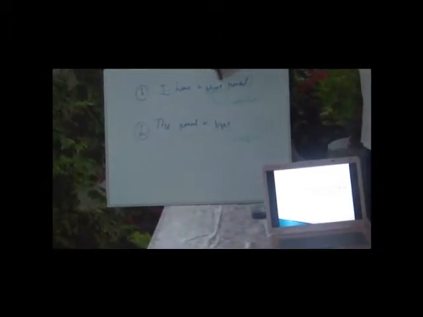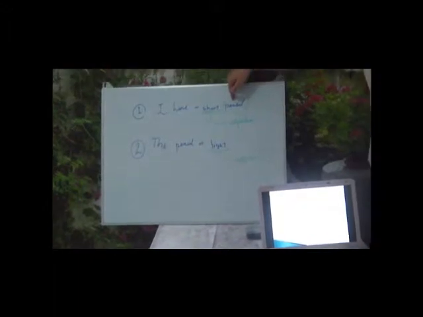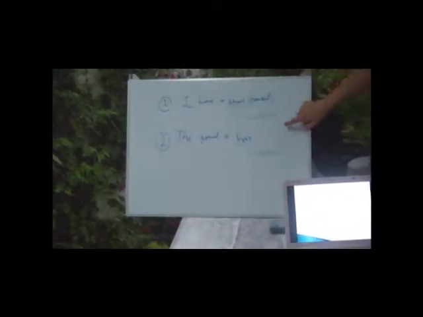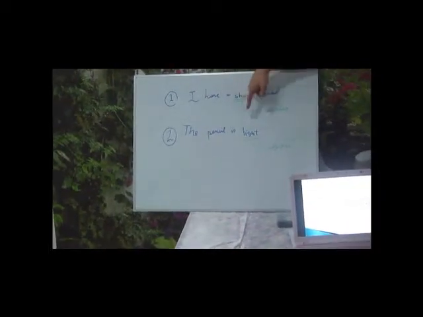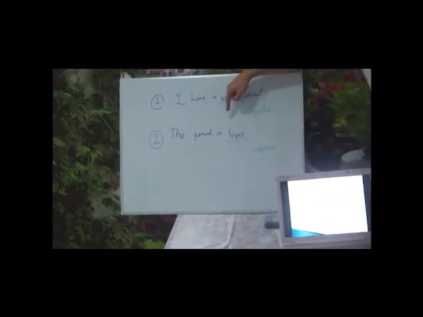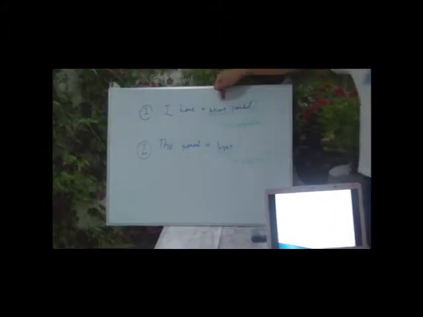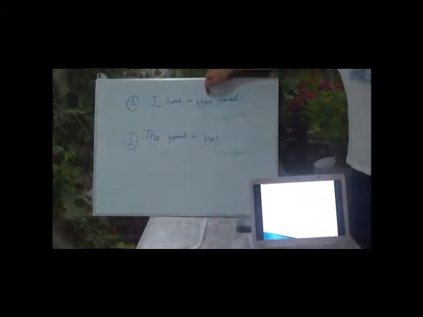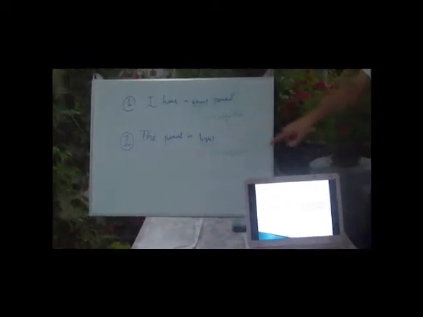In the first one, the adjective short goes before the noun it is describing. Short is describing pencil and is an adjective. In the second sentence, the adjective goes at the end, right after the verb be. So in the first one it is before the noun, and in the second one it is after the verb be.